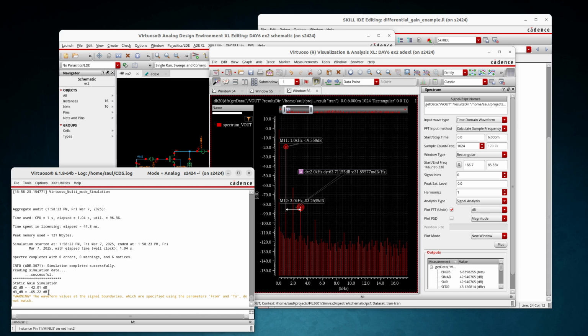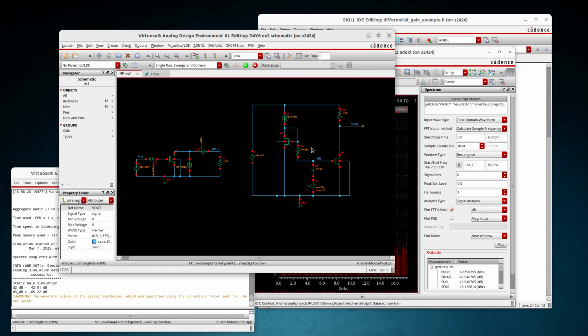So again, the distortion levels that our static simulation is showing us are very, very close to the results provided by transient simulation and spectrum analysis. So we can really trust the method to extract the static nonlinearity, or nonlinearity at very, very low frequencies.